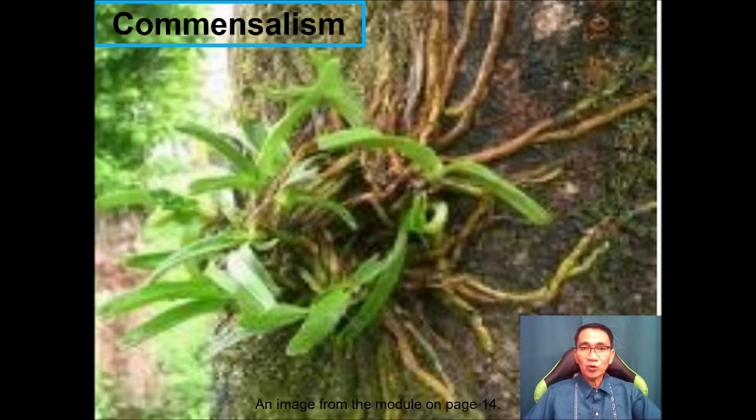They usually grow on the trunk and branches of trees. By growing on branches of trees, orchids get the light they need for photosynthesis, and they are easily visited by insects to pollinate them. Orchids do not harm the trees they grow on.